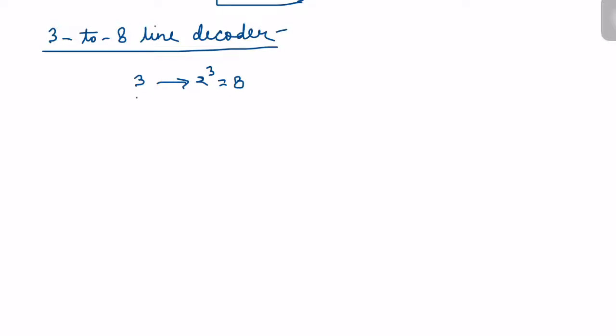If the inputs are represented by x, y, z, there will be a total of 8 output lines, represented by D0 to D7. For every input bit combination there is correspondingly a unique output term. These outputs can be represented by minterms.